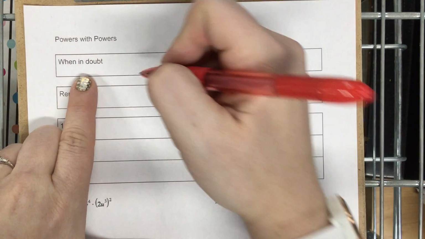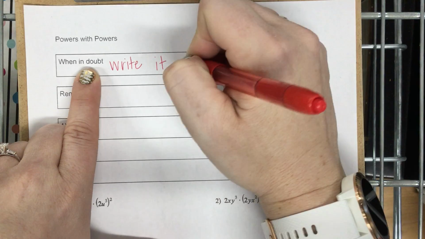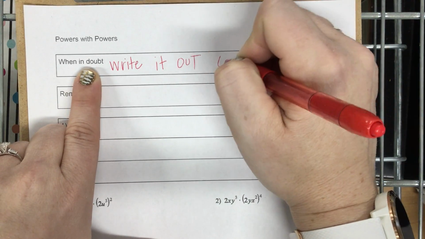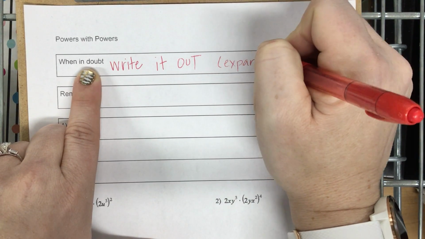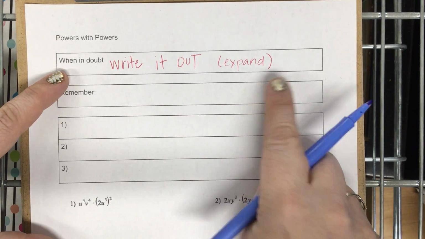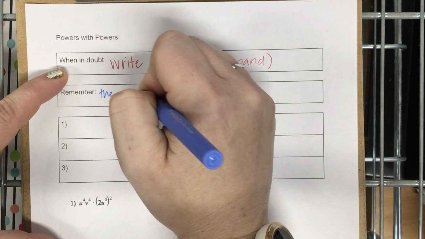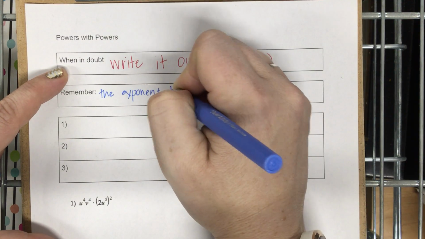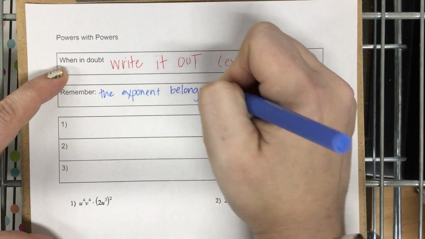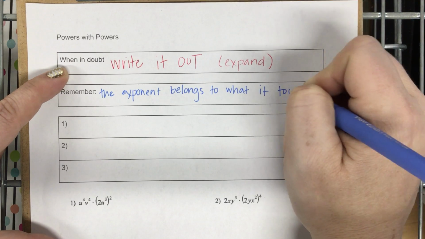So again, when in doubt, write it out, which means to expand. Make it bigger. Take all of the exponents away. You also need to remember, when we expand it, that the exponent belongs to what it touches.